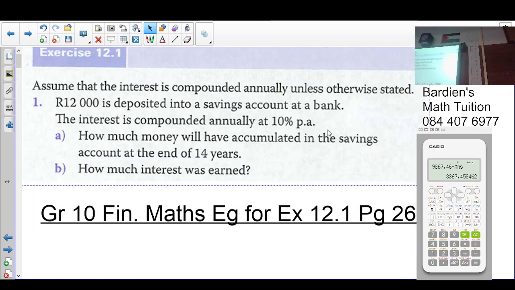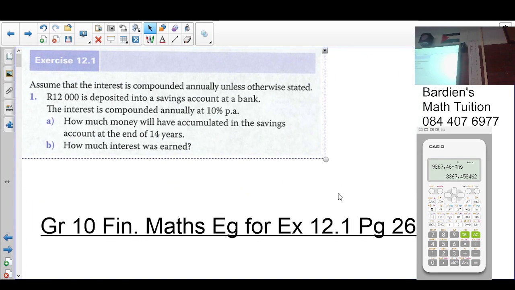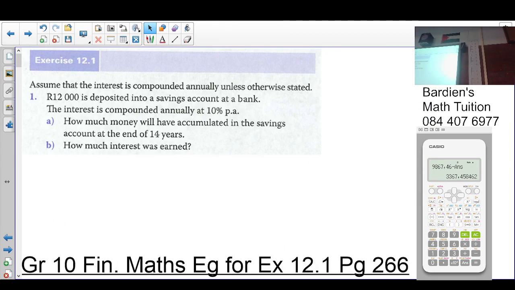But let's look at the examples quickly. This is exercise 12.1 on page 266. Assume that the interest is compounded annually unless otherwise stated. As we said in grade 10, it's going to be compounded annually. 12,000 is deposited into a savings account at the bank. The interest is compounded annually at 10% per annum.